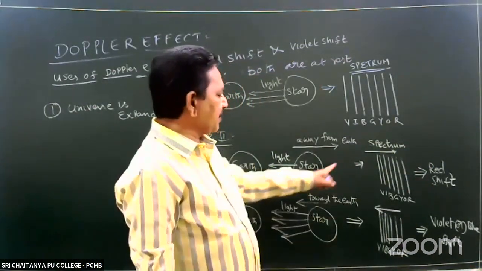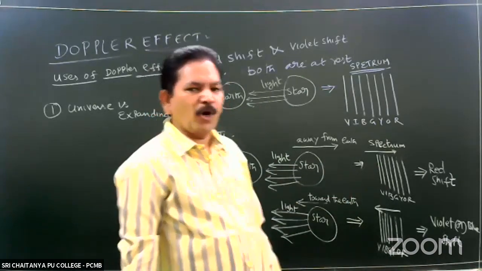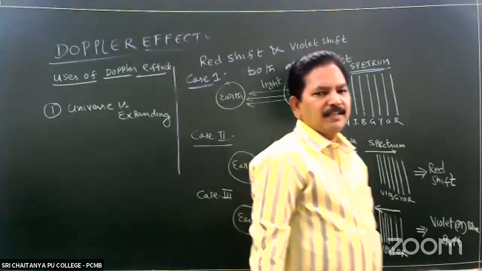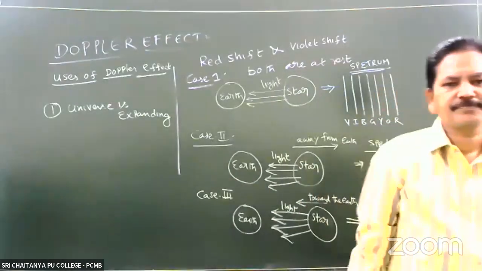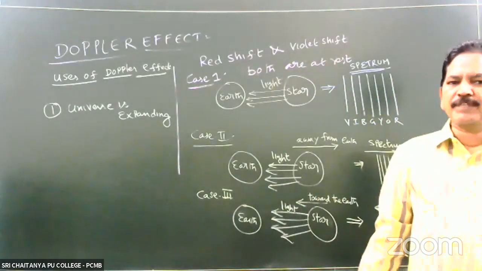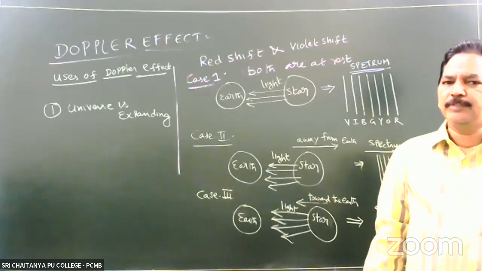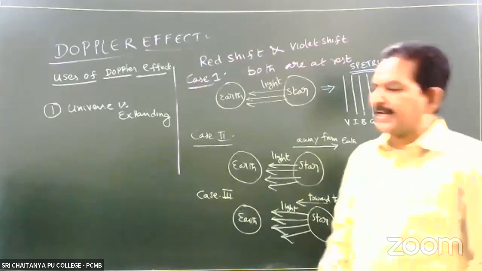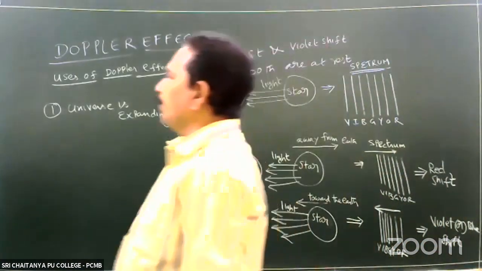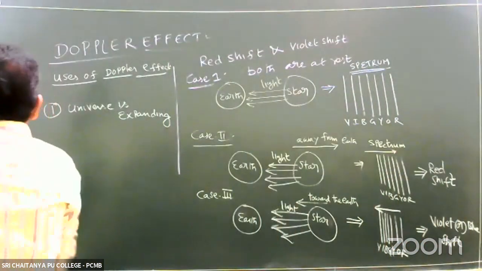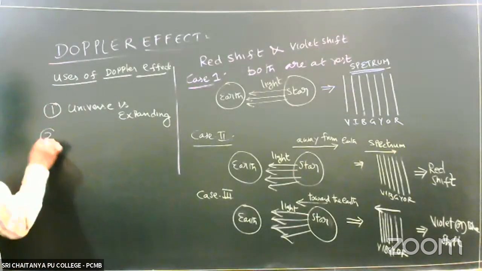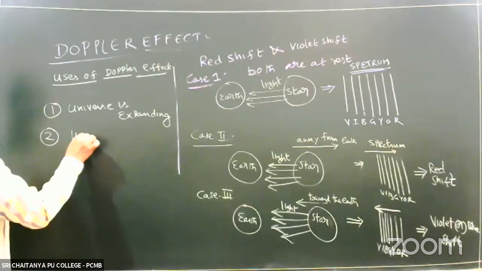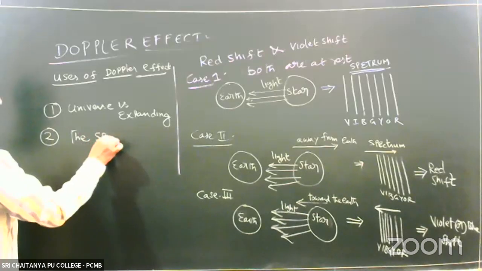Redshift means the stars, the celestial bodies are moving away from the earth. Most of the celestial bodies are moving away from the earth. By using this Doppler effect, we can say that universe is expanding. Second one, we can find the speed of the rotation of the earth.